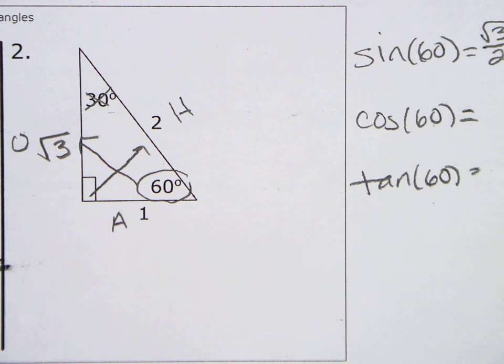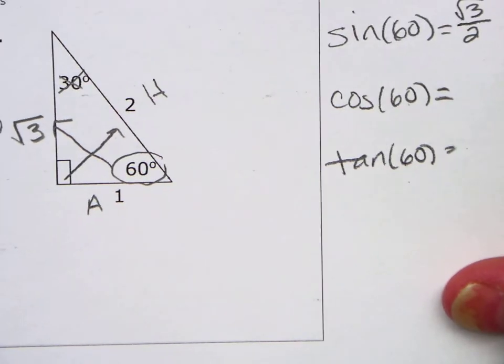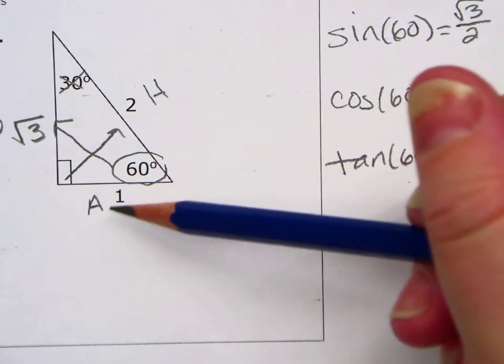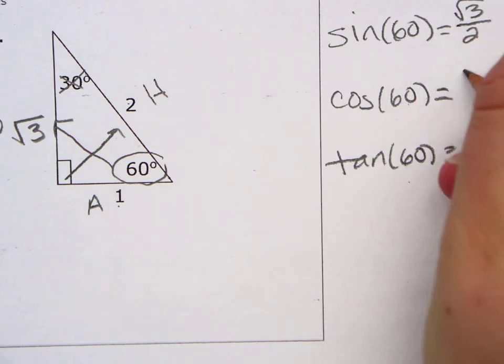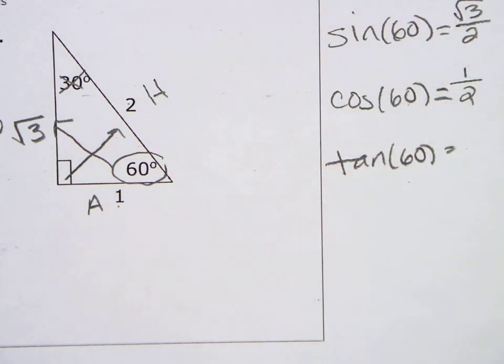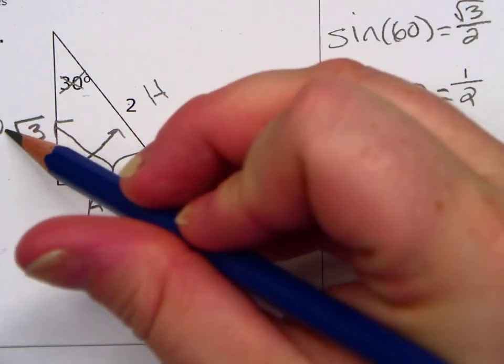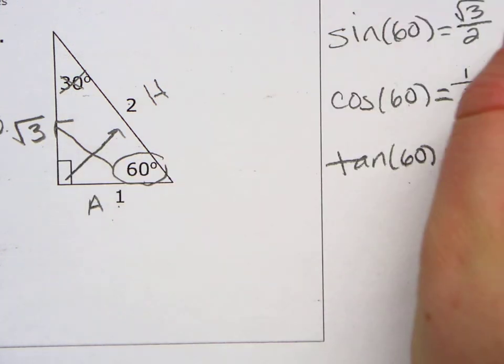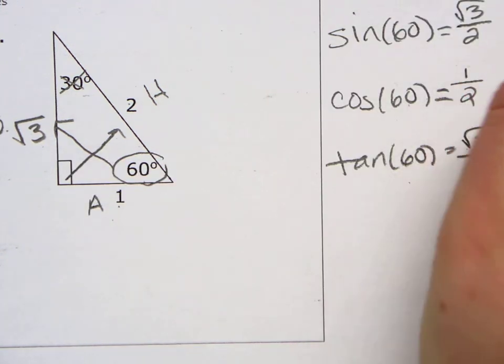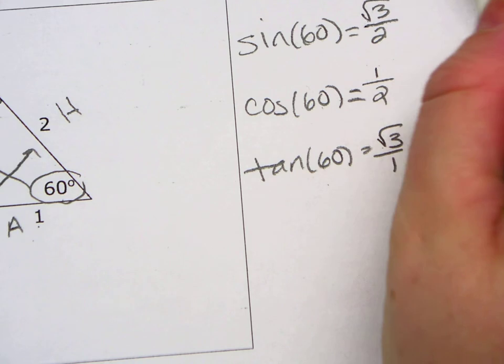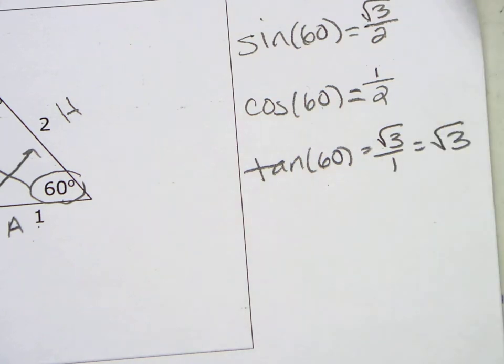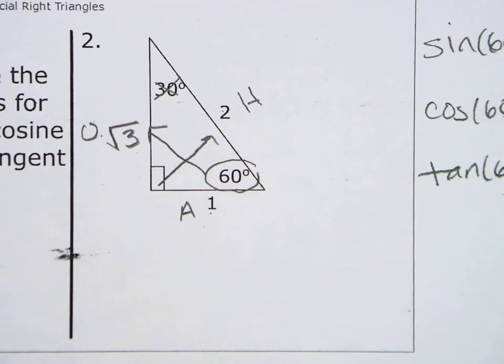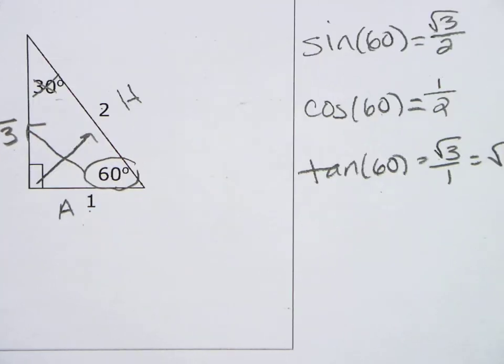Cosine, adjacent over hypotenuse, 1 over 2. And tan is opposite over adjacent, radical 3 over 1, which is just radical 3. Do not leave that radical 3 over 1, guys. That irritates me. Anything divided by 1 is itself.